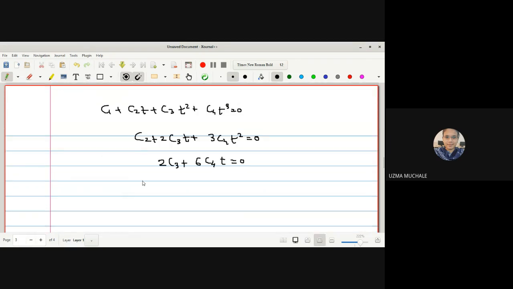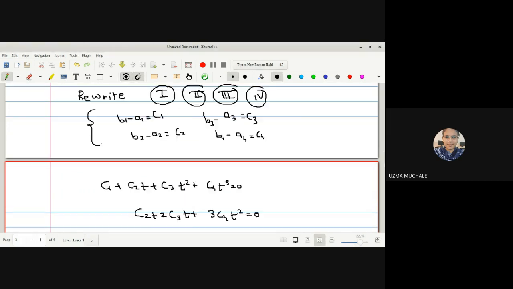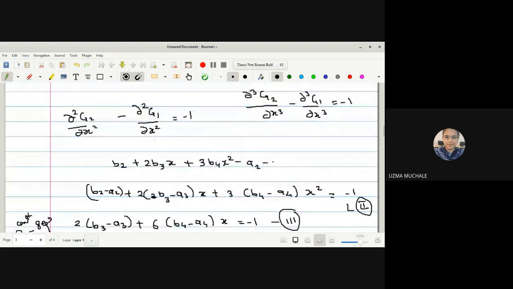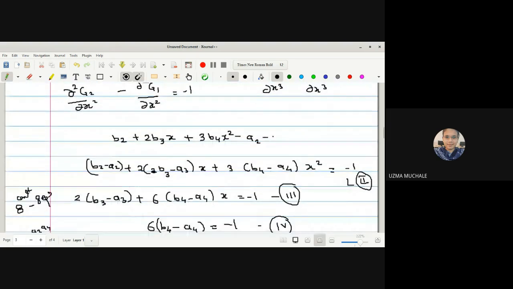Since all of we are evaluating at x equal to t, so the last equation, that is equation 4, evaluates to 6C4 equal to minus 1. Is it okay? Simply I have written the equations once again by substituting the values of A1, A2, B1, B2.